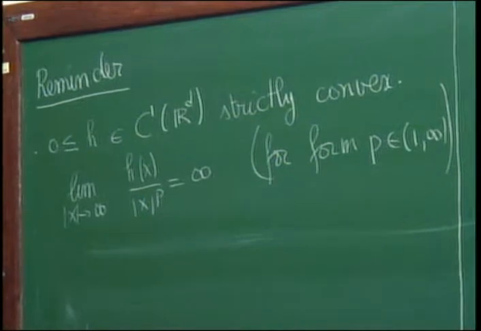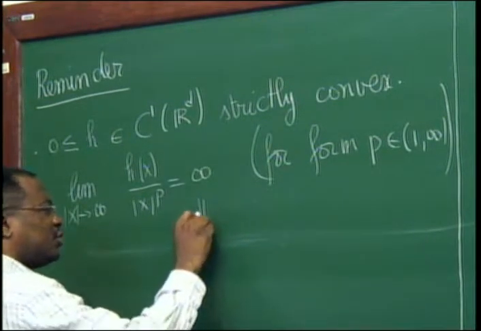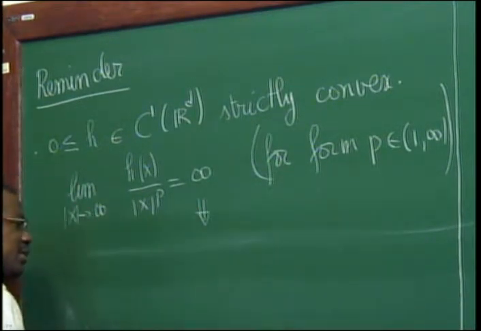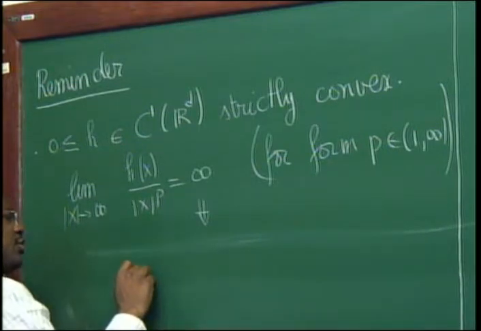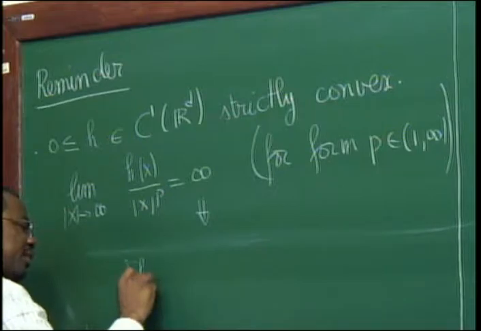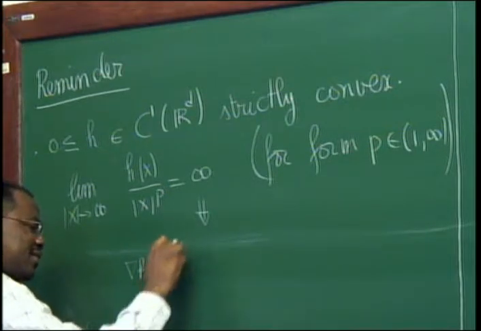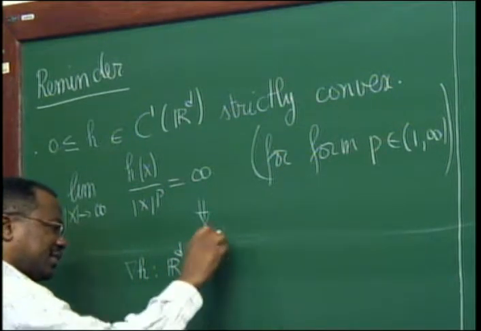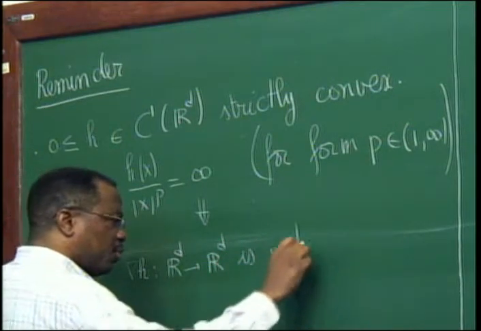And we saw that this condition, and it is part of homework number 3, is enough to imply that gradient h from R^d to R^d is a homeomorphism.